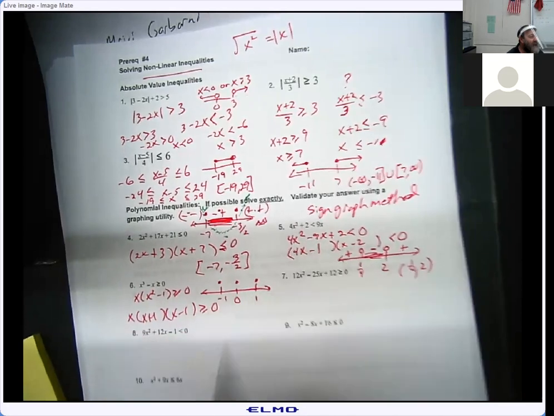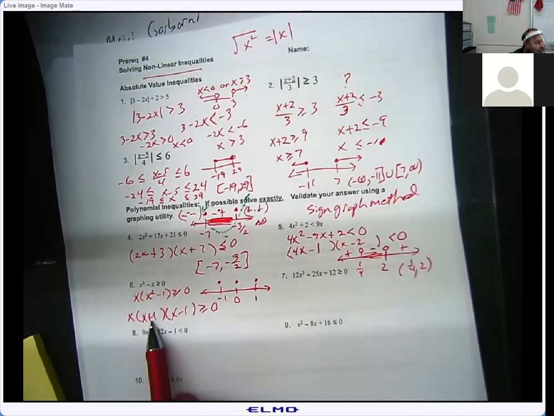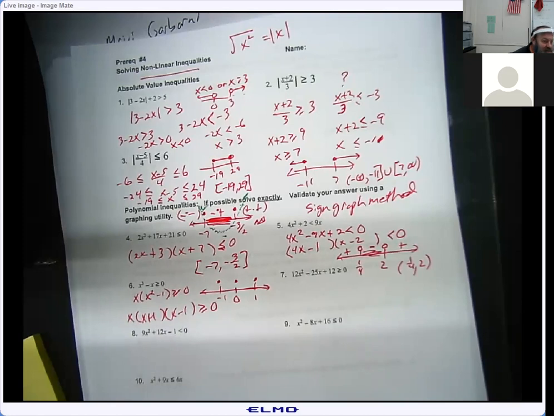And if we played the sign graph method, what would happen if I tried a number above 1? Think on this for a second. Like 6: positive, positive, positive. What is the product of 3 positives? That's positive. What do I want in this story? Look what it says. I want positive.